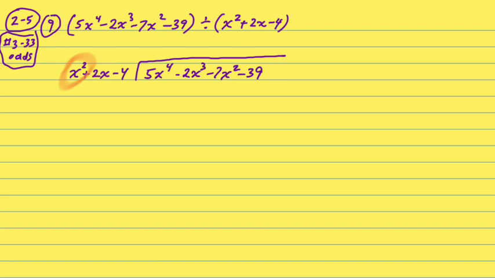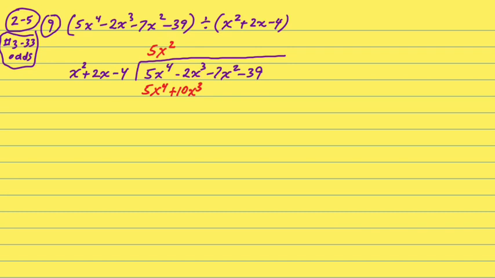Now, x squared times what gives me 5x to the fourth? Well, x squared times 5x squared would give me that, I believe. So I might put it here, 5x squared. 5x squared times x squared is 5x to the fourth. 5x squared times 2x is 10x to the third.